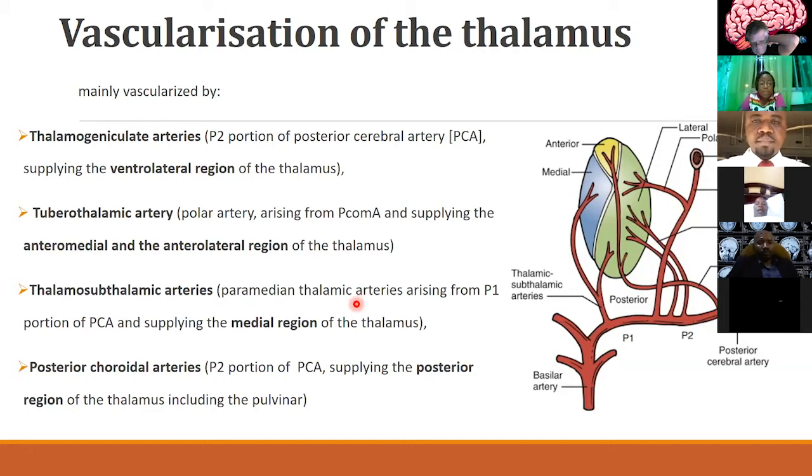Thirdly, we have the thalamosubthalamic arteries, also known as paramedian arteries, which arise from the precommunicating portion of the posterior cerebral artery. They mainly vascularize the medial region of the thalamus. Finally, we have the posterior choroidal arteries, which arise from the P2 portion of the posterior cerebral artery, supplying the posterior region of the thalamus, including the pulvinar.